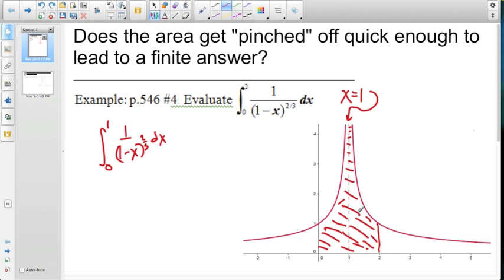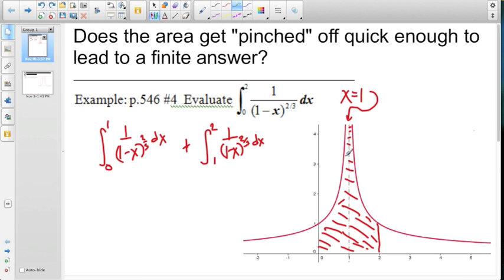And then this right-hand side over here is from 1 to 2 of the integral of 1 over 1 minus x to the 2/3 power. Now we can see that we have this improper upper bound for this one and this improper lower bound for this one.